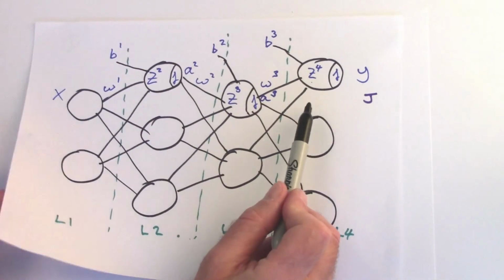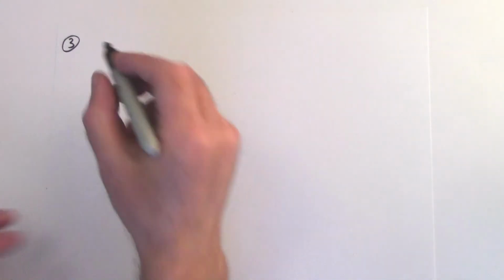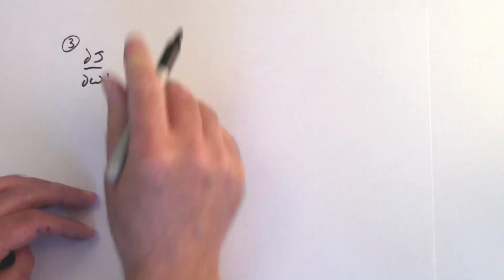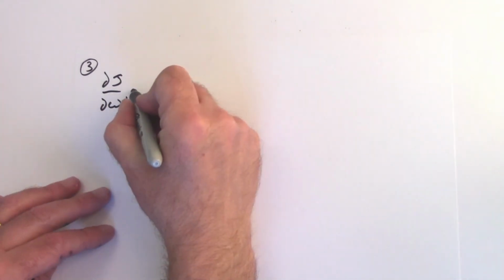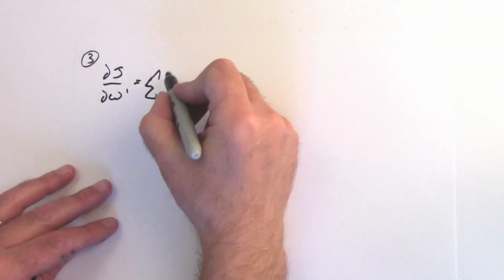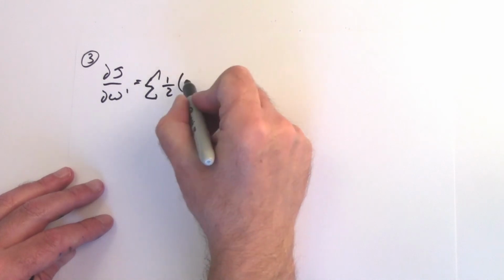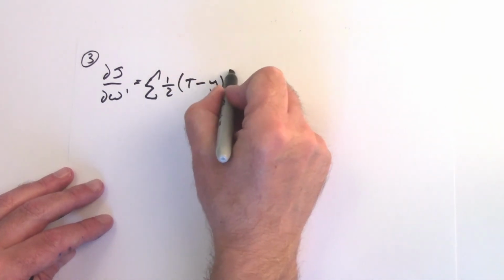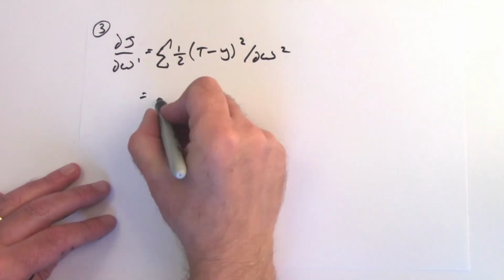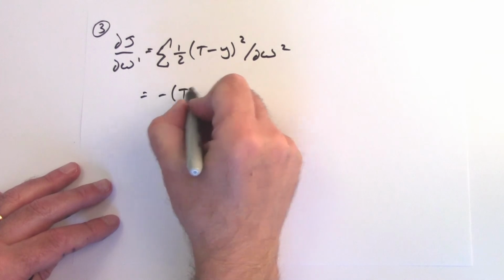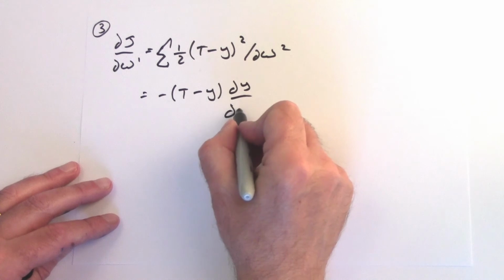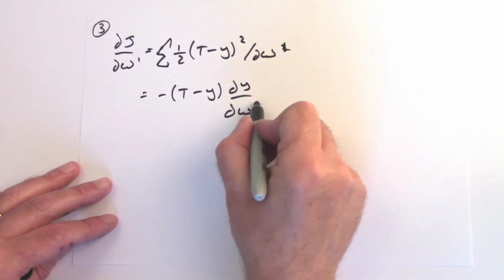So we do dJ by dW1 now, the cost function again, by dW1. And that equals minus t minus y, dy by dW1 now.